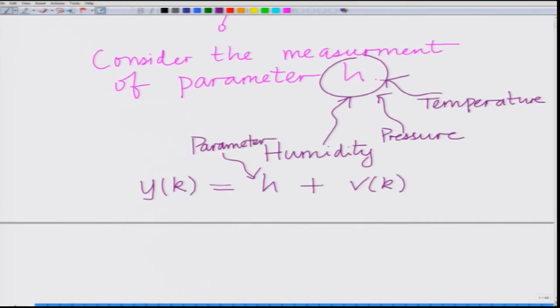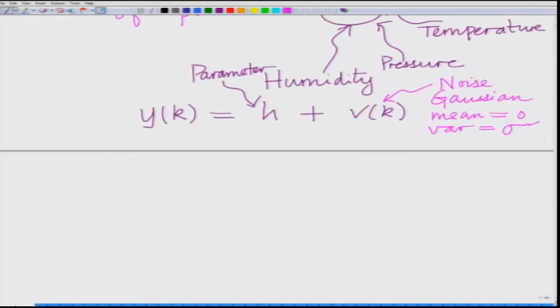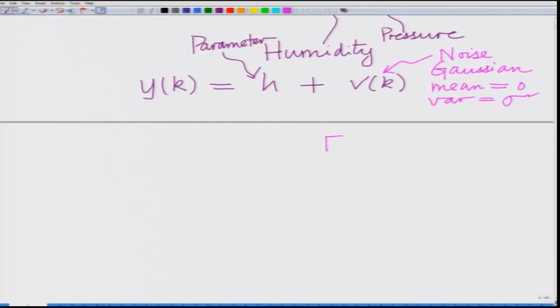You have your parameter, and then you also have v_k, which is your noise, which we are going to assume is Gaussian with mean 0 and variance equal to sigma square. Mean 0 means the expected value of v_k equals 0, and variance sigma square means the expected value of v_k squared equals sigma square, since we are considering real noise.